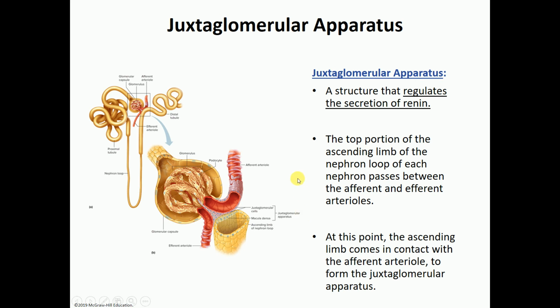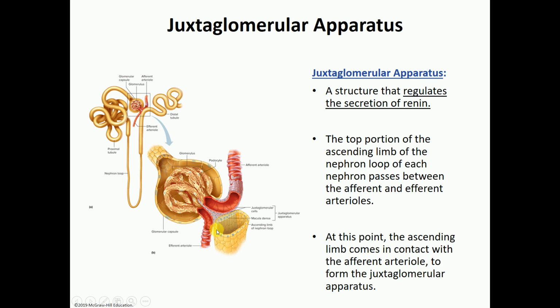Now, that apparatus is found in this area right here. The very top portion of the ascending limb of the nephron loop is found between the afferent and the efferent arterioles. So you can see it right here. That is the top of the ascending limb, found in between the afferent and the efferent arterioles.